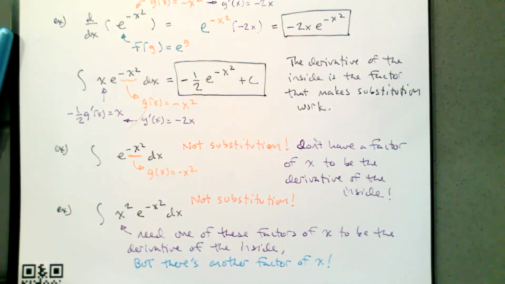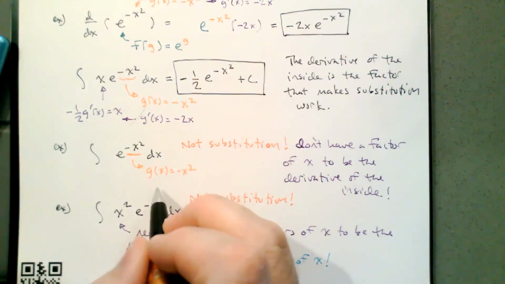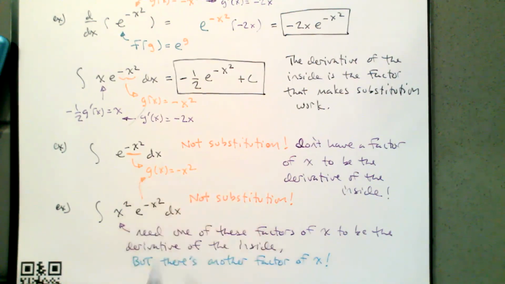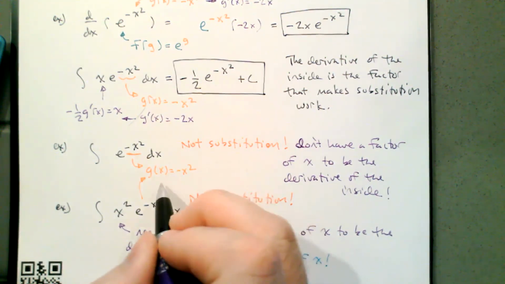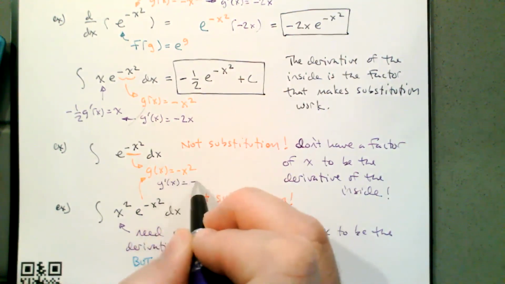Professor, another question. How come the last example on this page does not count as a substitution? So the last example, we would want to make g of x equal to negative x squared, right? But that means that for g prime of x, to make substitution go, I need to have as a factor a g prime of x, which is negative 2x.